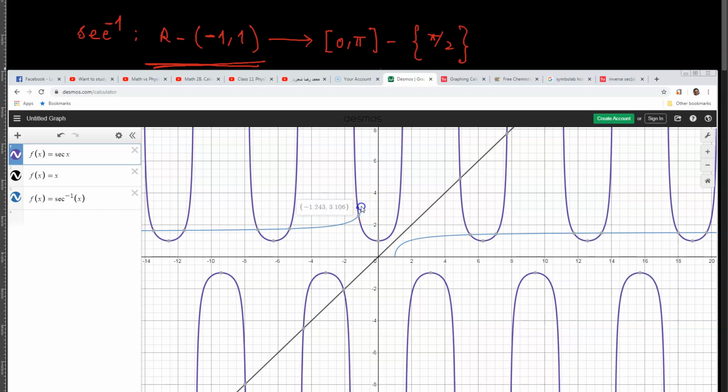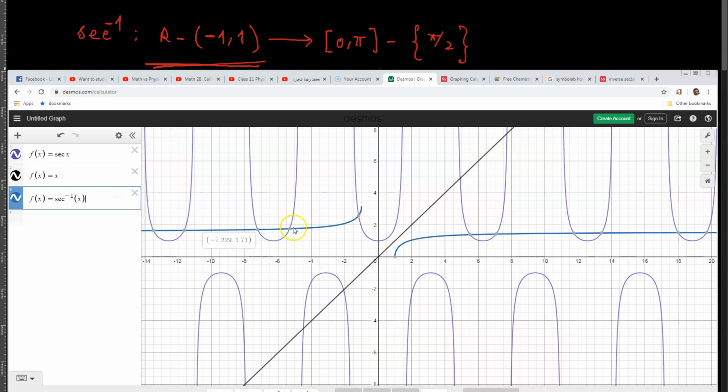Basically this must be pi. So you go from 0 to pi, but then pi divided by 2 is just not there, meaning that most probably it's going to be some line over here, because pi divided by 2 is some value, like for example 1.7 or something.